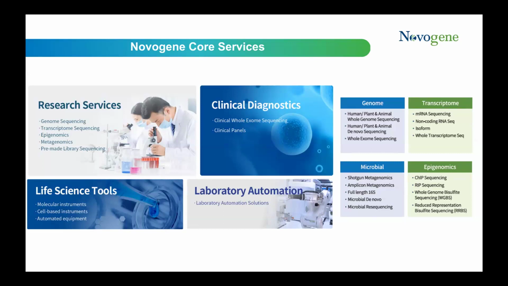The research services sector is our most important core service sector of the company, including genome sequencing, transcriptome sequencing, epigenome sequencing, and metagenomics, also the preliminary library sequencing. So here I also list the different services for genome, transcriptome, microbiome, and epigenomics. Research services are Novogene's core, the most important service.